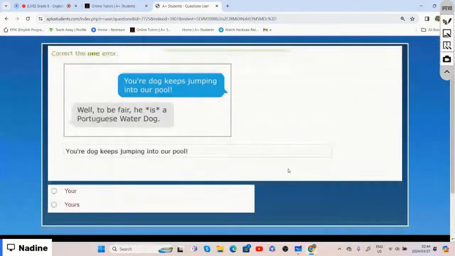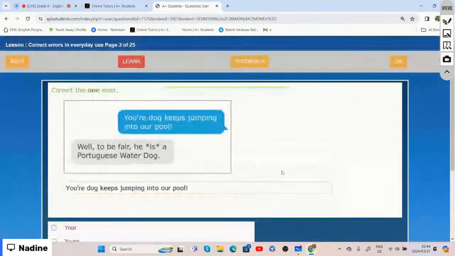All right, we need to select the error. Your dog keeps jumping into our pool. Well, to be fair, he is a Portuguese water dog. So your, which is you are.